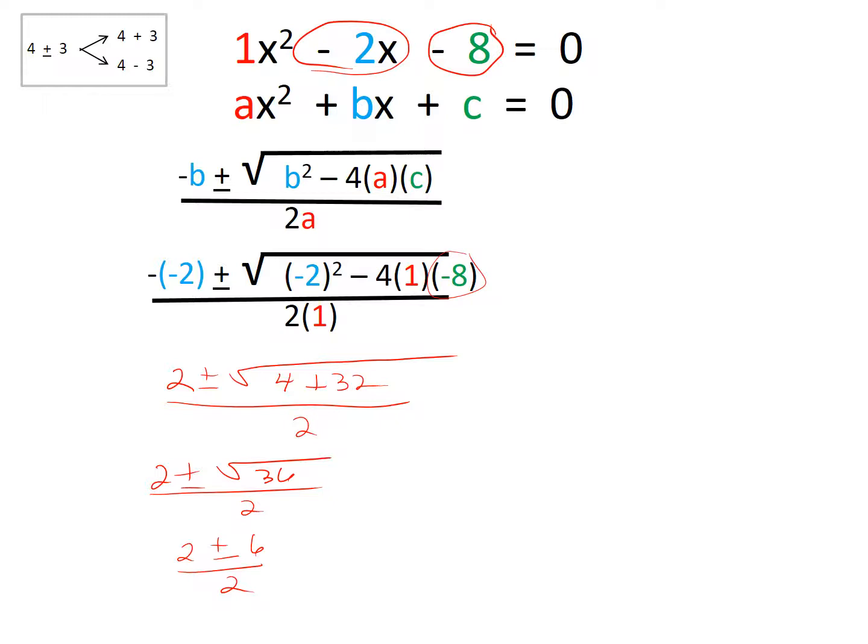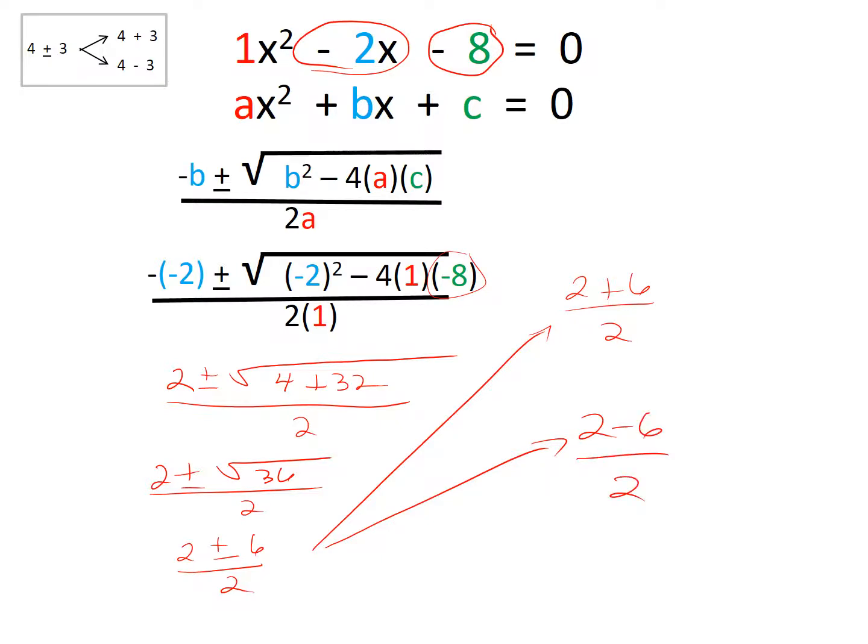And again, now we can use that plus or minus sign to generate 2 expressions. We'll use the plus sign first. 2 plus 6 all over 2, and then we'll use 2 minus 6 over 2. Again, all I did was split that plus or minus sign into separate plus and minus.